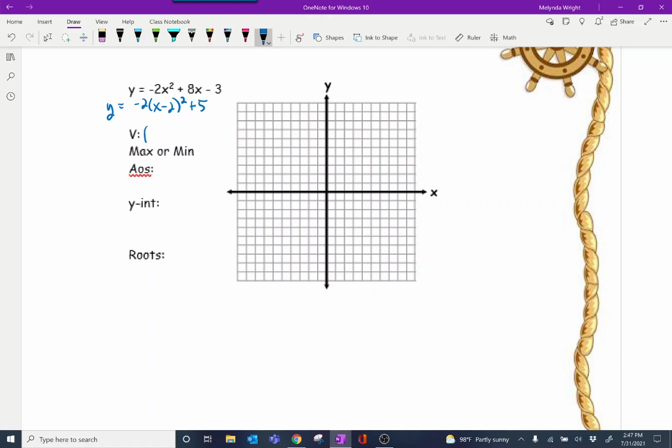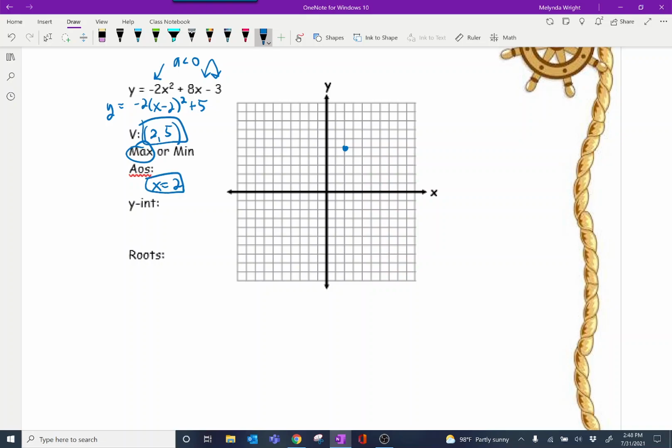Okay, so we can read our vertex out of our formula. So it's (2, 5). So let's plot that. 2, 1, 2, 3, 4, 5. We see that a is less than 0, so that means this particular parabola is going to open down, so therefore its vertex is at a maximum. The axis of symmetry is x equals h, which is 2, so we got that.